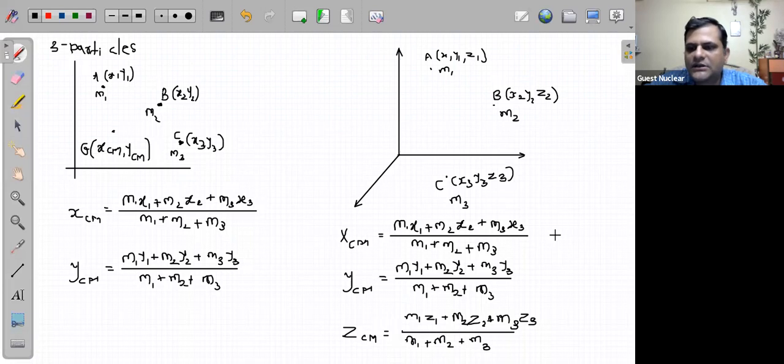That means in general, if suppose we have 10 particles, then we can just continue adding this product of m and x up to n times. So here we can generalize this formula for n particles.